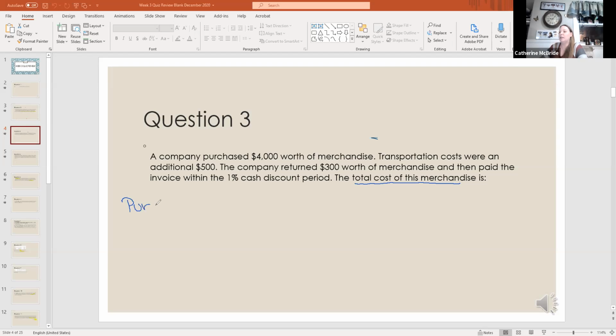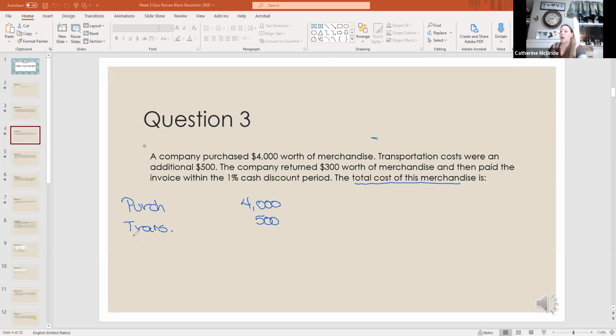So obviously that $4,000 is going to be included, right? Transportation costs were an additional $500. Remember that with inventory, we include everything in inventory on our balance sheet that it costs to get the product to us and ready to sell.